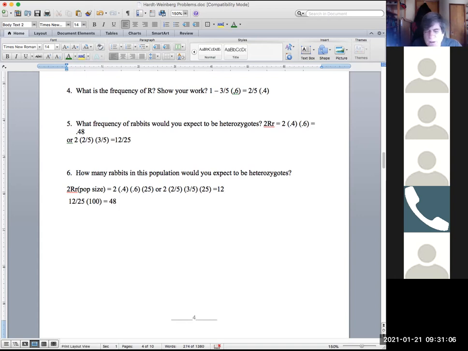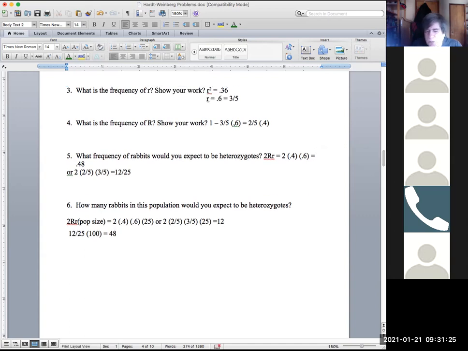So the frequency is going to be used to find the number of rabbits, but anytime it says how many rabbits in the population, or later we'll have some problems that say how many alleles are in the population, we're going to have to think about the size of the population. So if you're having trouble distinguishing them, think about a classroom.